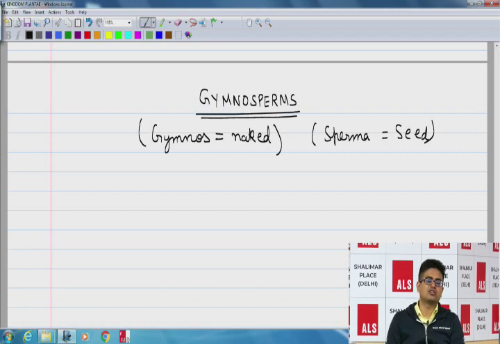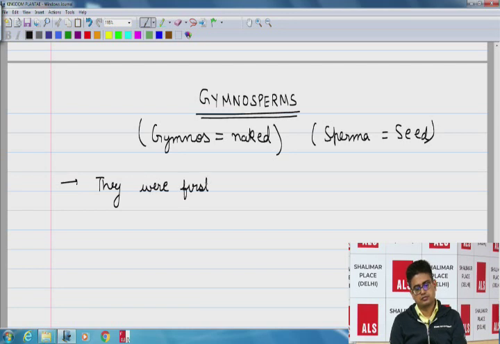Theophrastus first described gymnosperms.